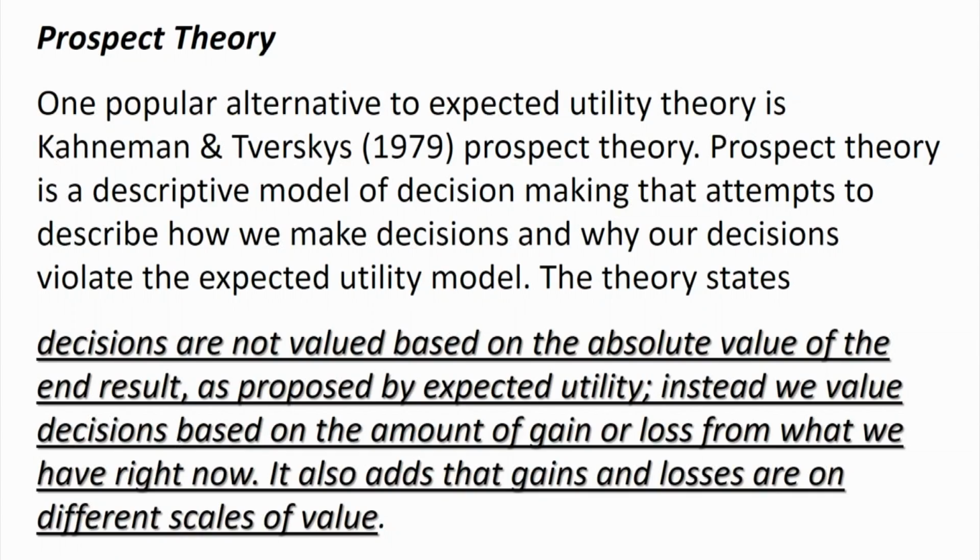So, when you are making a decision at that point of time, how much good that you have or how much backup that you have, from there we make the assessment of gains and losses onto any gamble. It also adds that gains and losses are on different scales of value.